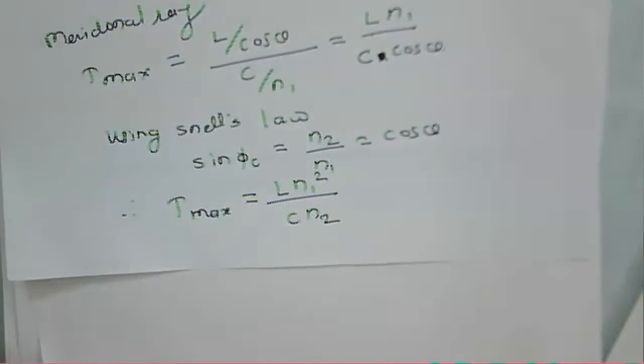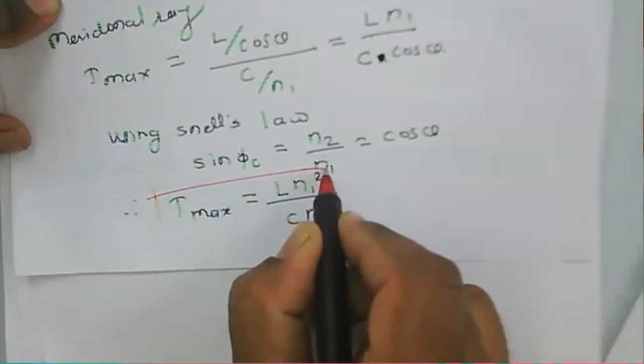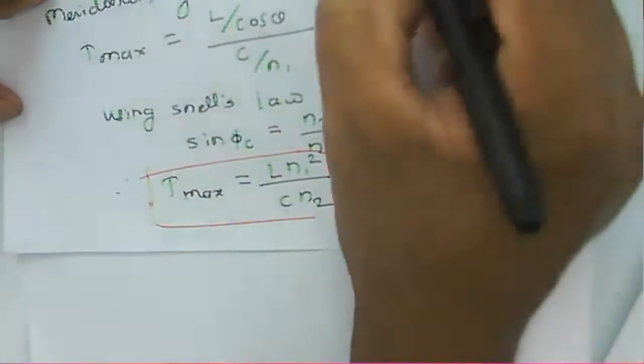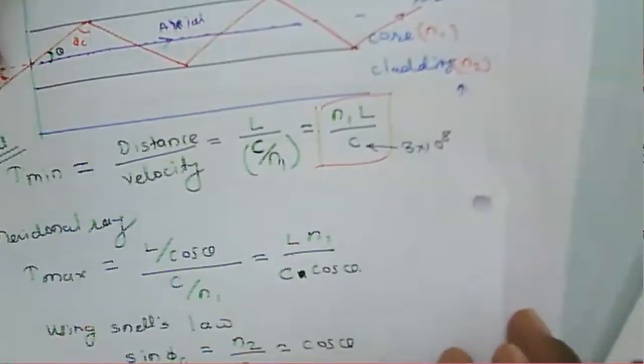Okay, this belongs to what? A T max and a T minimum. This one is about T max, and this one belongs to the T minimum. This one is the term for the T minimum.